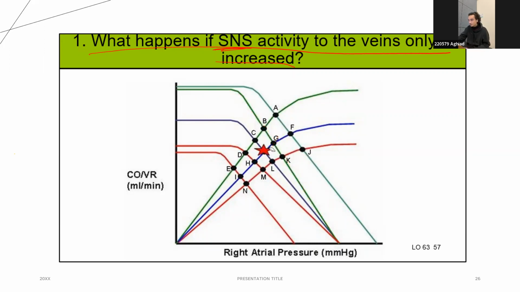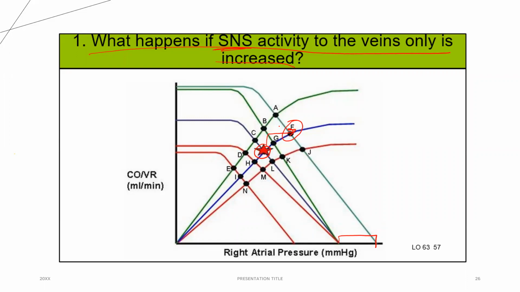So the graph would shift from this star to F, as you can see here, because even the right atrial pressure, when increasing the venous return, will change. So it goes to the right. It would go up and to the right, as you can see here, F. Is that clear?